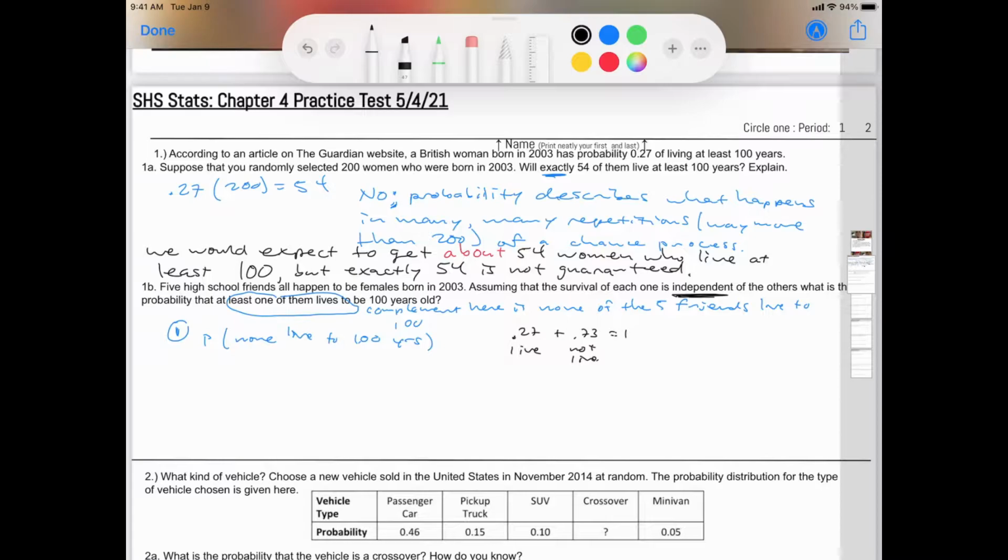Remember, yes plus no equals 1. So that would be 0.73. And there's 5 of them, right? Friend 1, 2, 3, 4, 5, and we're saying that none of them will live there. So that would be 0.73 to the 5th power, and you'll get an answer of 0.207.